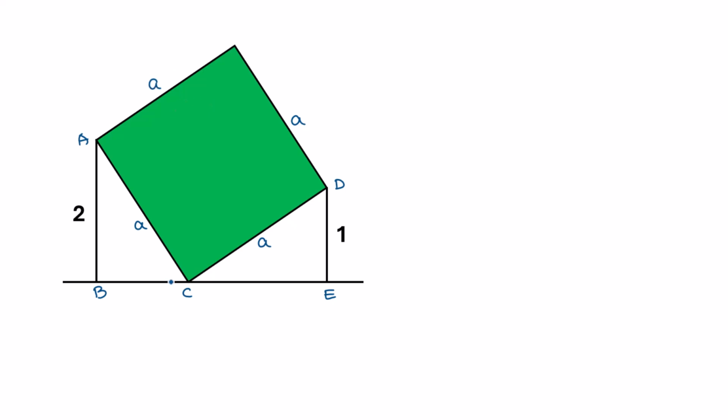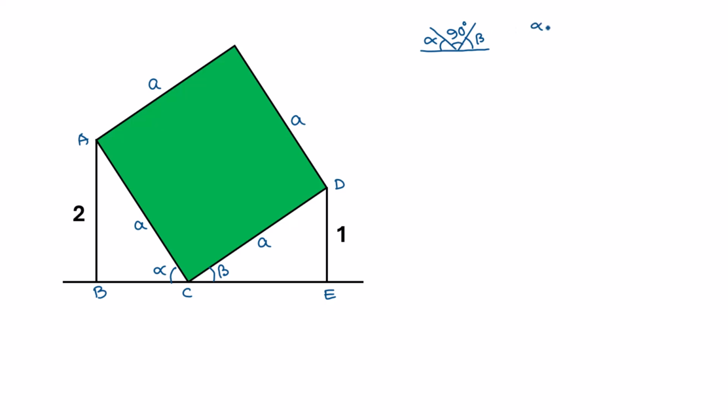And this angle is alpha and this angle is considered as beta. Now notice here, if this angle is 90 degree, and if this angle is alpha and this angle is beta, then the sum of these three angles will be 180 degree.